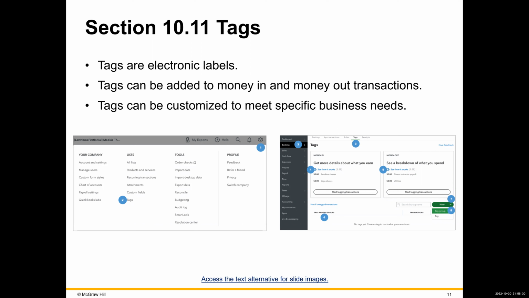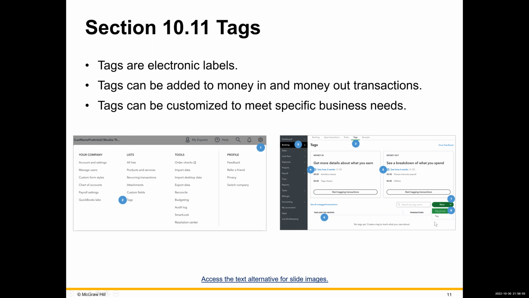So how do you get to tags? Hit the gear icon, go to tags, and here you are. You're in the tags area. And I would recommend that you review the video here. This is from Intuit. It's only like three minutes long, and it does help you understand what we're going to be doing.